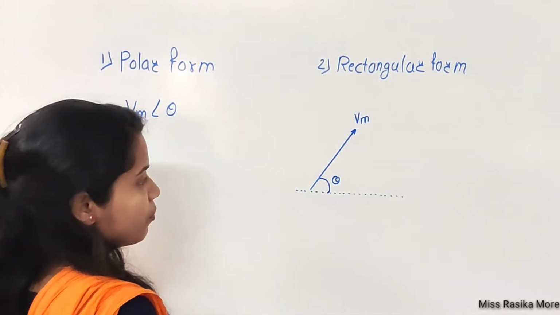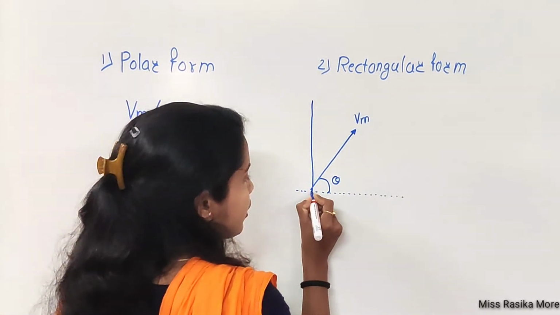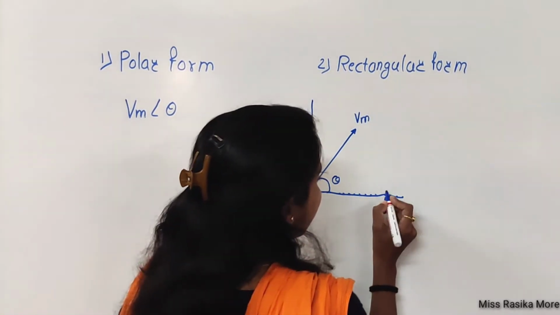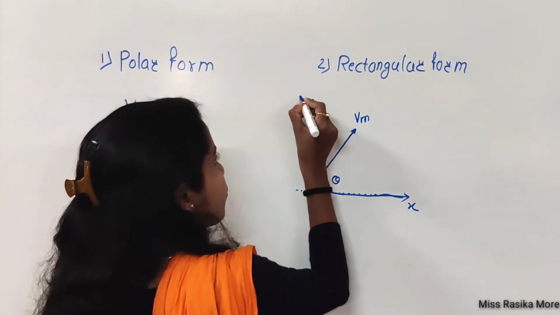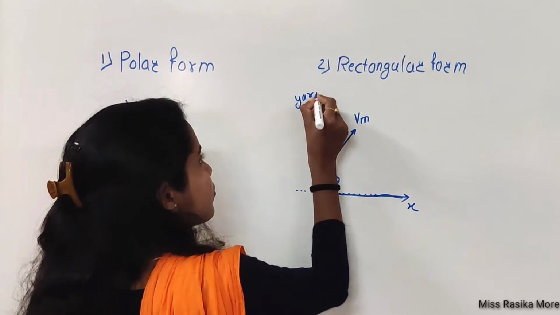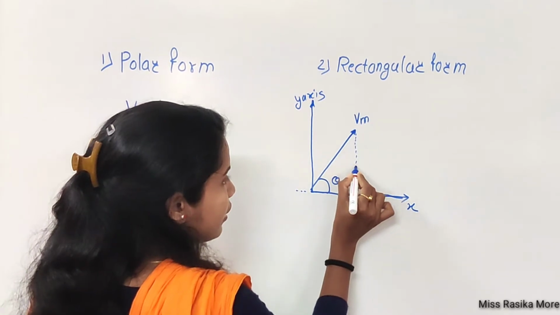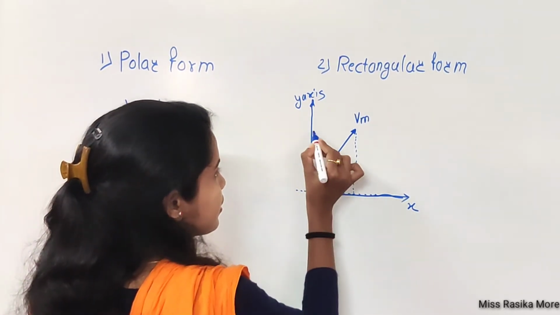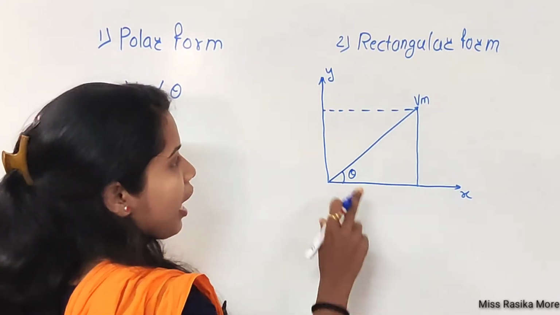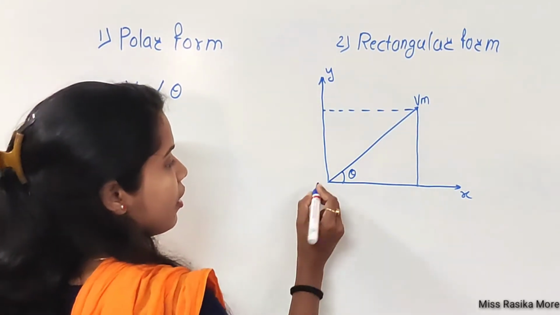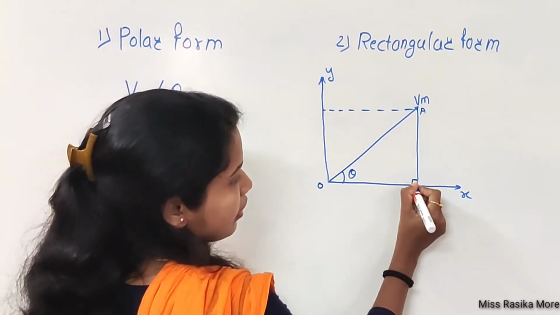Now in rectangular form, consider the xy plane. In the xy plane there is a Vm vector, x axis, y axis, and one perpendicular line on the x axis. This is the x component of Vm and this is the y component of Vm. So OAB is a right angle triangle.